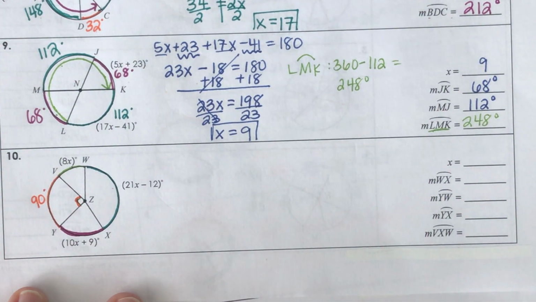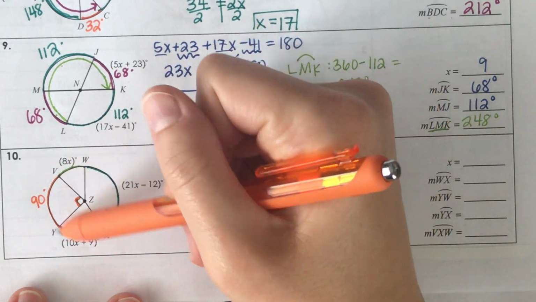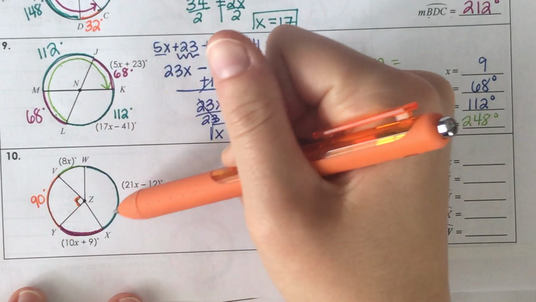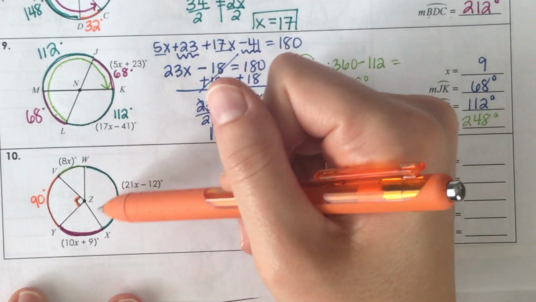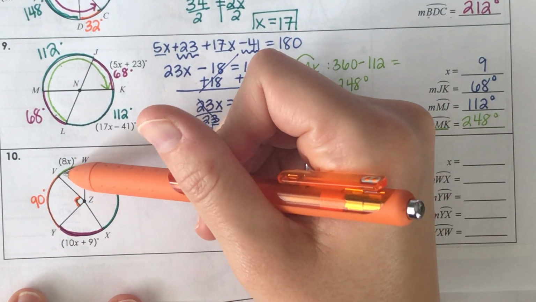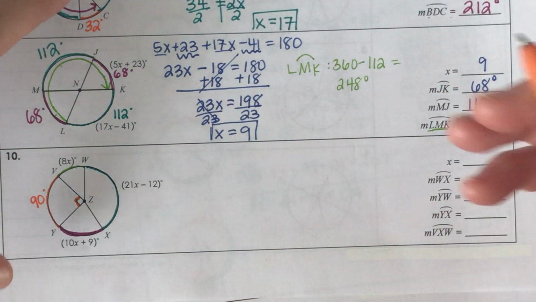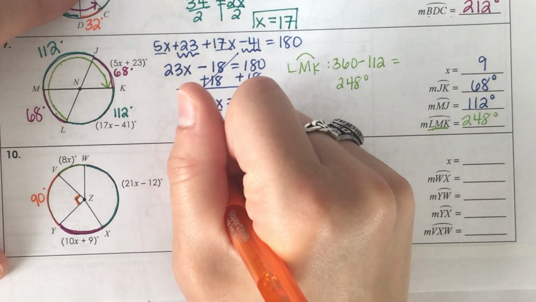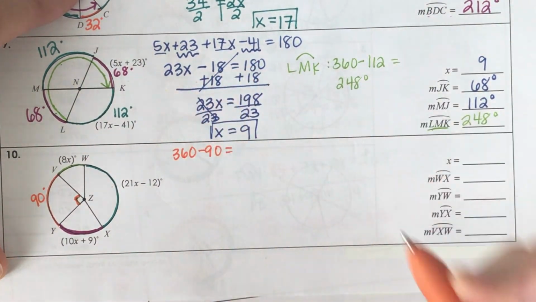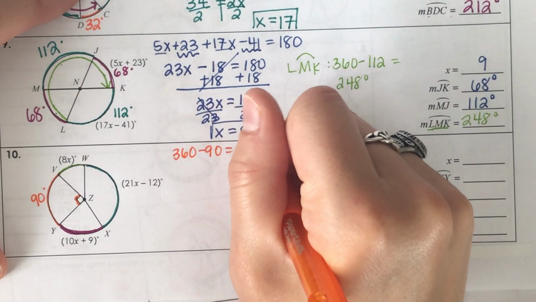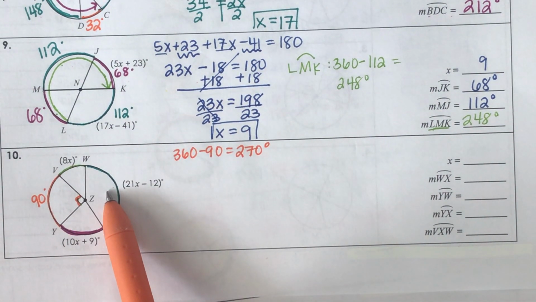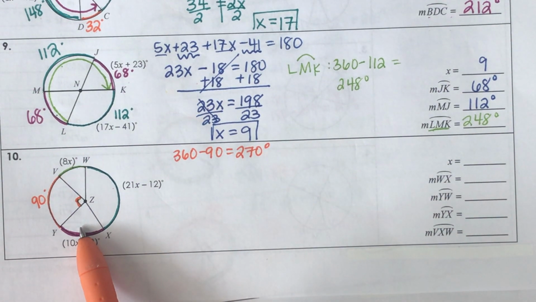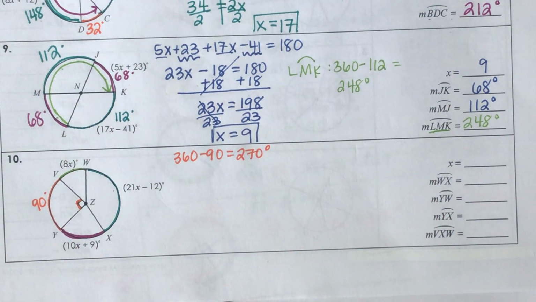So what I can do is take 360 and subtract this 90 degrees, and that should be what these three angles put together are going to be left over as. So if I do 360 minus 90, I get 270 degrees. So that means if I add the green plus the blue plus the pink, I should get 270 degrees.